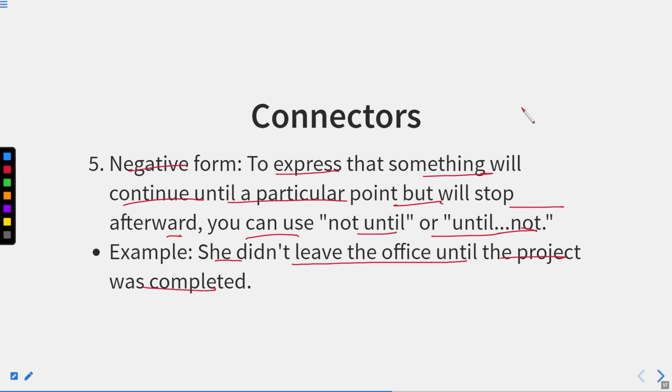Until is itself a negative word, so we cannot use not with it. We can use it like this, that in one clause we have until and in another clause we have not, but we cannot use both the words together.